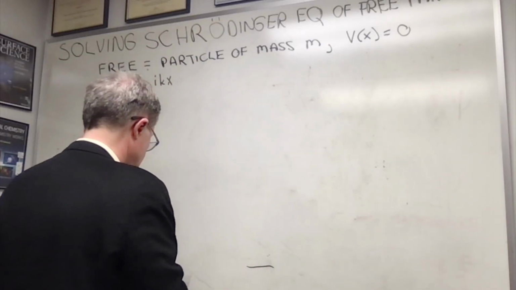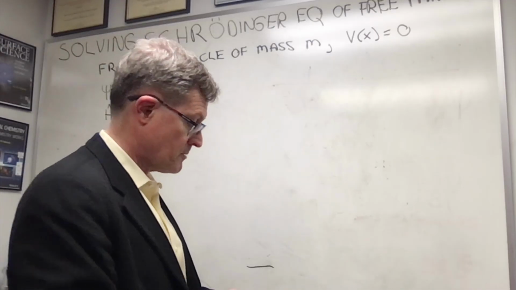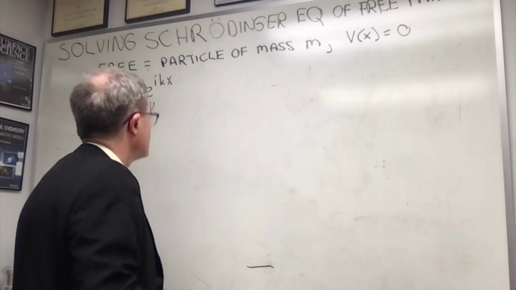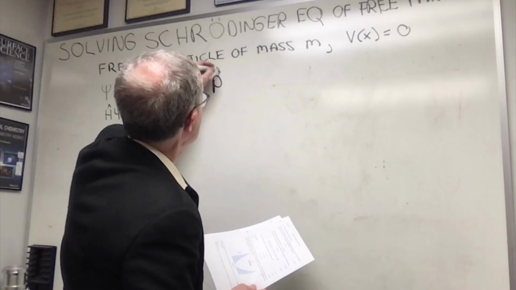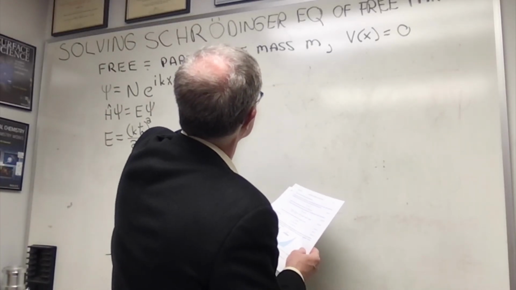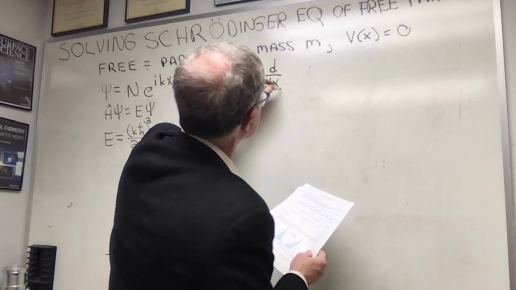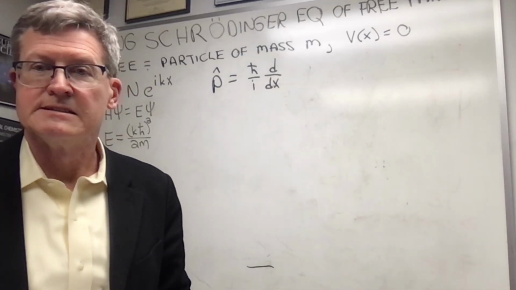Again, we have an operator that corresponds to linear momentum. That operator, p hat, is going to be ħ over i times the derivative with respect to x, our one coordinate in this system.